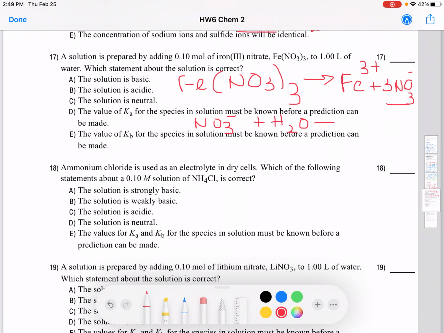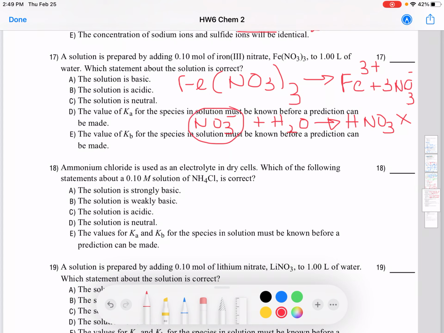Nitrate with water would form a strong acid, nitric acid, but this reaction is not going to take place, because as soon as nitric acid forms, it's going to go back to hydrogen ion and nitrate ion, right? So since it's an anion of a strong acid, it's not going to react.